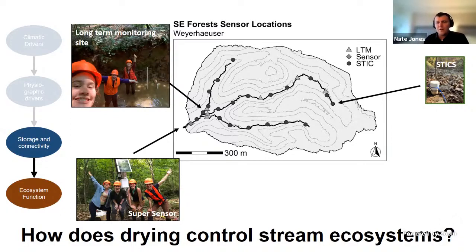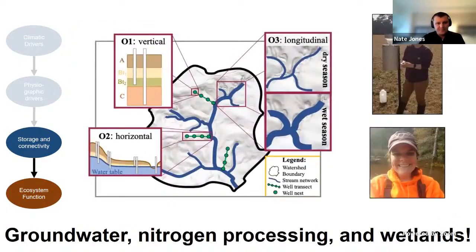And then at a higher spatial resolution, we have these stick sensors, which are binary water level loggers that tell us whether or not we have water at that particular location. So it's a ton of really high-resolution data, where we can really dig into what's driving the local storage and connectivity, and how that impacts these different ecosystem functions.